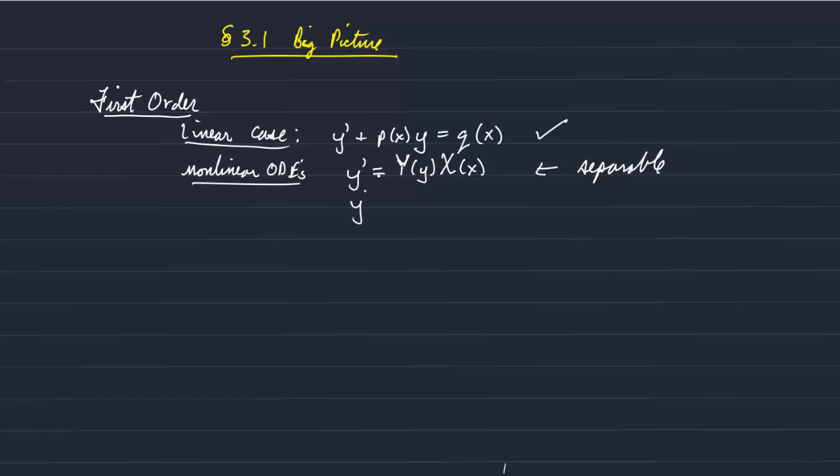And we also looked at the case of y prime being equal to a quotient of two functions of x and y, m of x and y over n of x and y, for example. And this could be solved as an exact equation, perhaps needing an integrating factor.